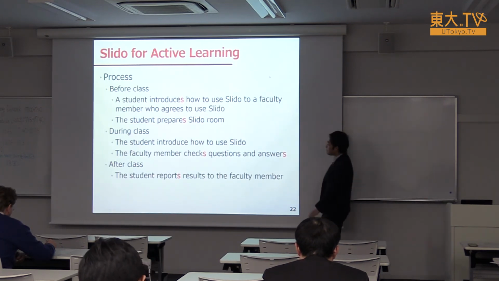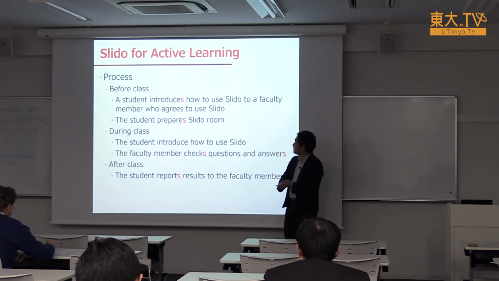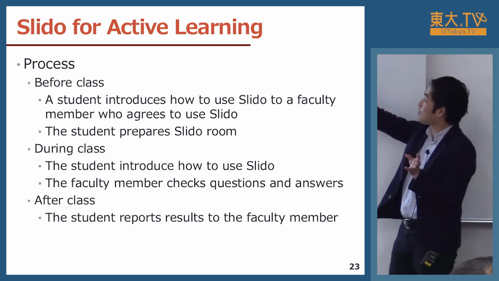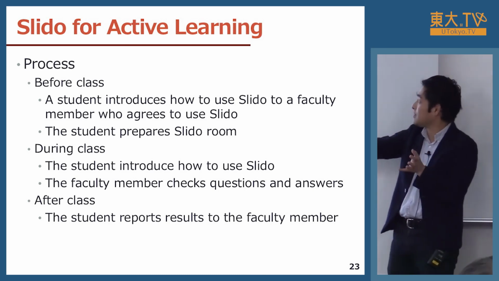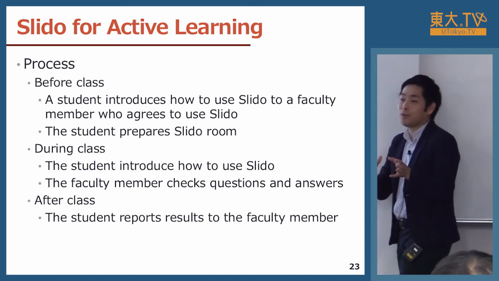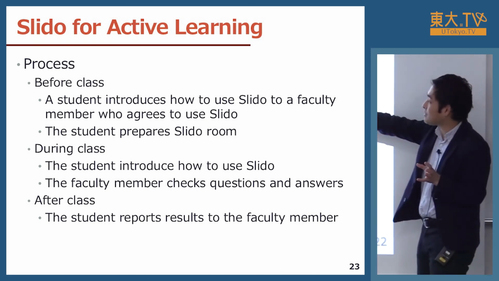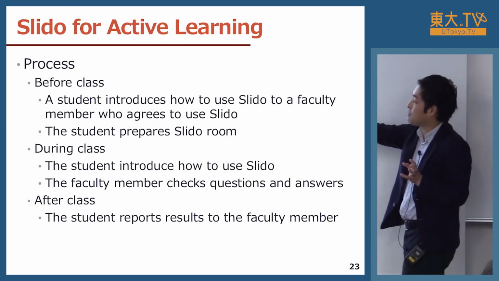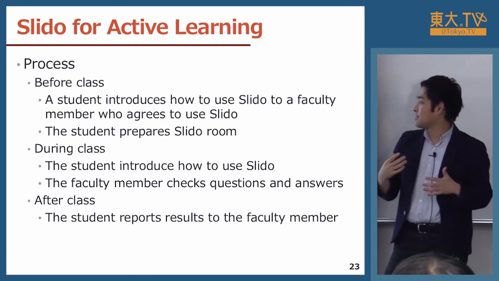Our plan is here. Before class, a student introduces how to use Slido to a faculty member who agrees to use it, and the student prepares the Slido room. During the class, the student explains how to use Slido, and the faculty member checks questions and answers.